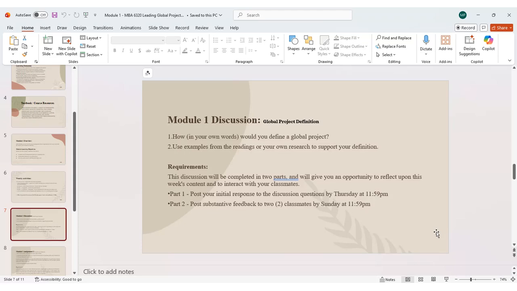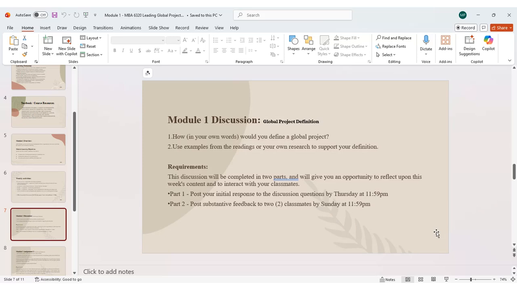discussion post. So a global project is a project that's planned and executed across multiple countries, cultures, and often time zones, involving stakeholders, teams, and resources from different parts of the world.